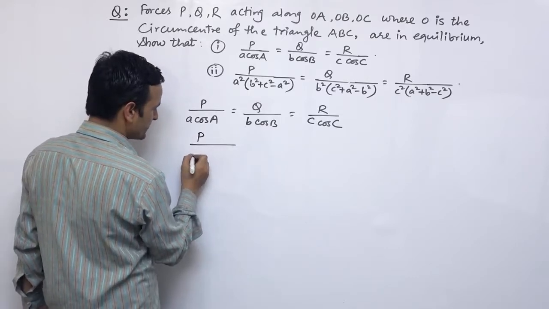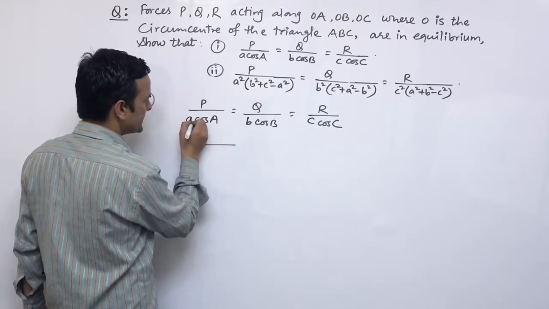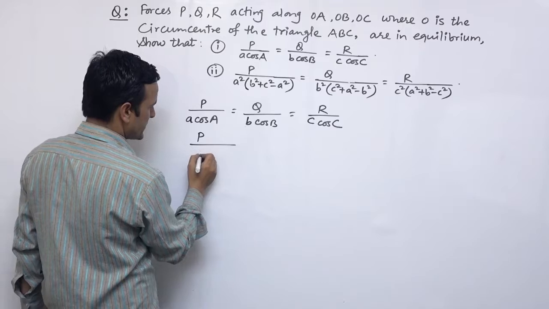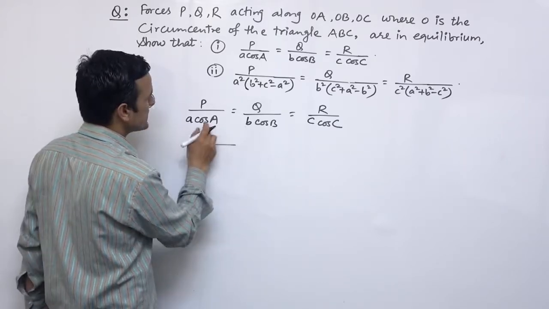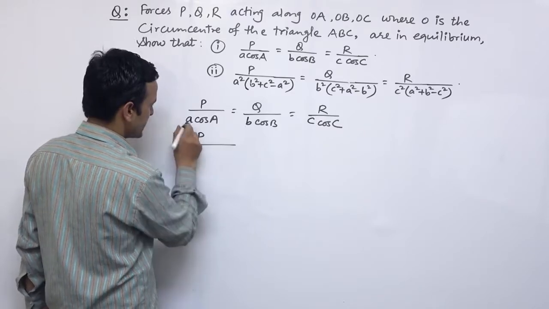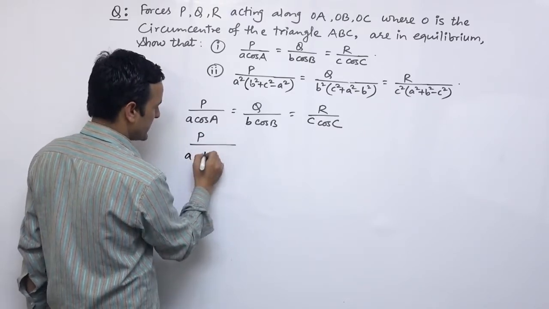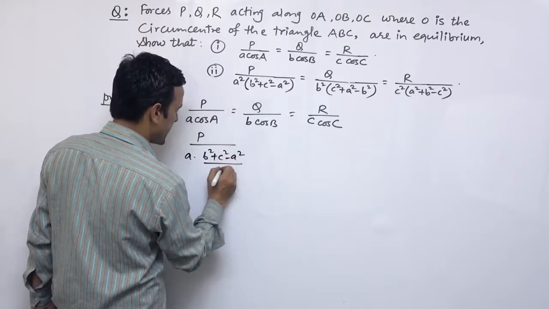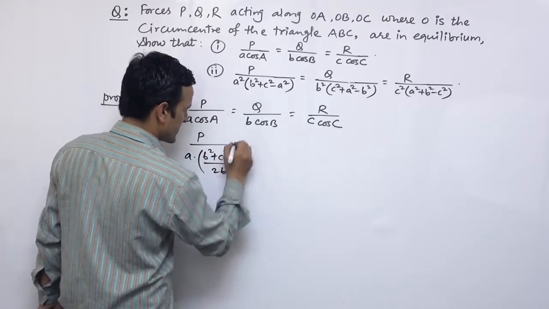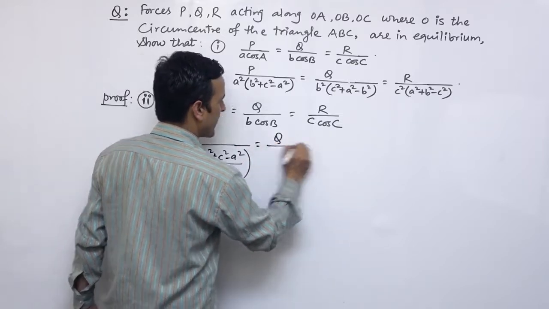A भनेको A cos A, the value of cos A, B square plus C square minus A square divided by 2BC हुन्छ. So this is the cosine law.